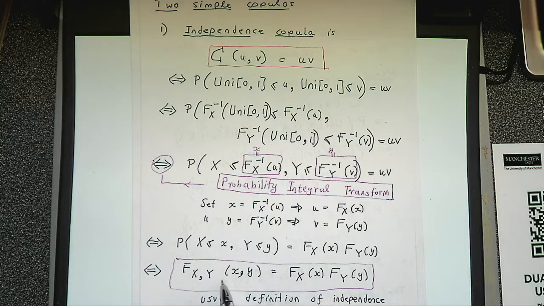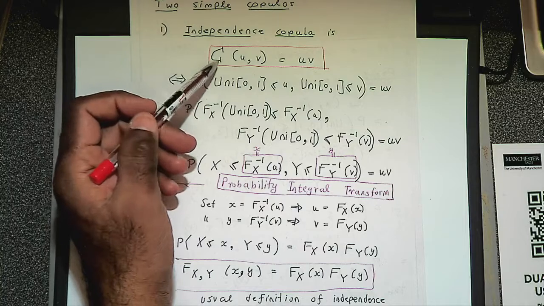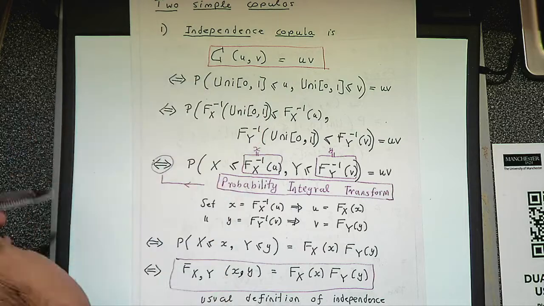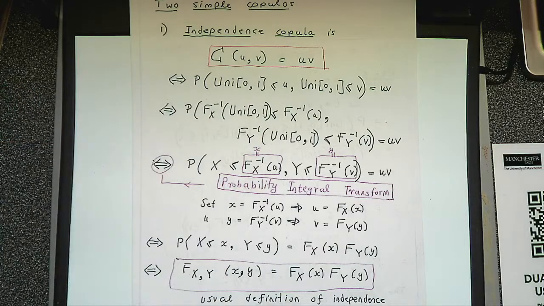You probably know this from a long time ago, that two variables x and y are independent if the joint CDF is the product of the marginal CDFs. Now what I have shown here is that this statement is equivalent, in terms of the copula, to this statement. Okay? You guys okay? Right.